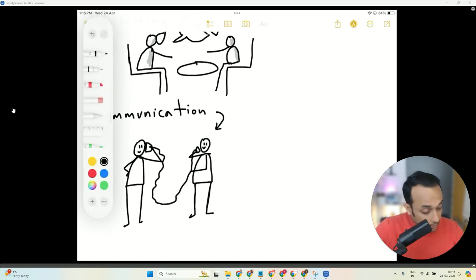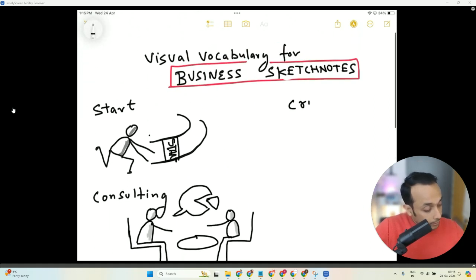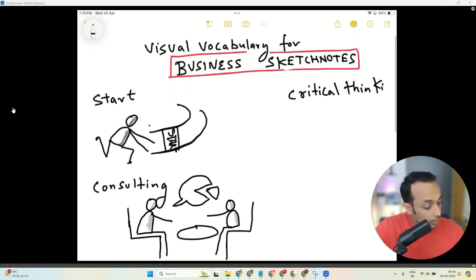Can I draw critical thinking? So I'll be drawing critical thinking. And critical thinking is when somebody is doing research or digging deeper into something, and I'll be drawing someone who is having a magnifying lens and searching on something. Yeah, and he has his magnifying lens and he is holding the lens.